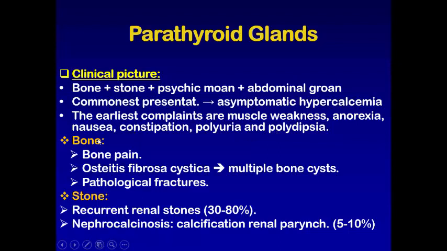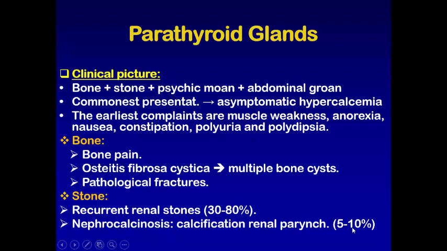Let us start with the bone. There may be bone pain, osteitis fibrosa cystica, which results in multiple bone cysts. Also, there may be pathological fractures. Stone: in those patients with hyperparathyroidism, usually 30 to 80% of them, there will be recurrent renal stones.